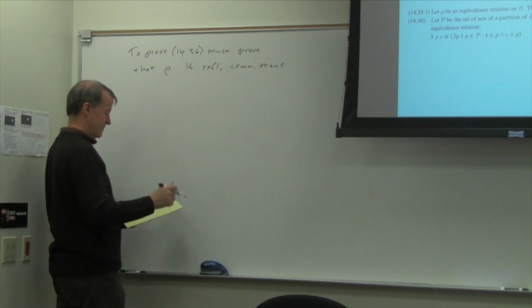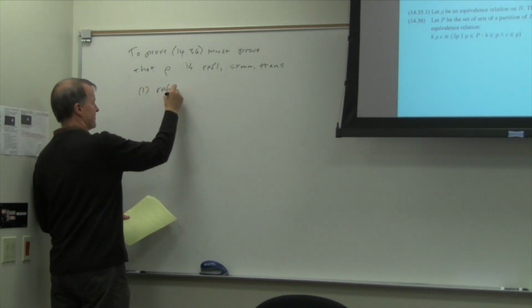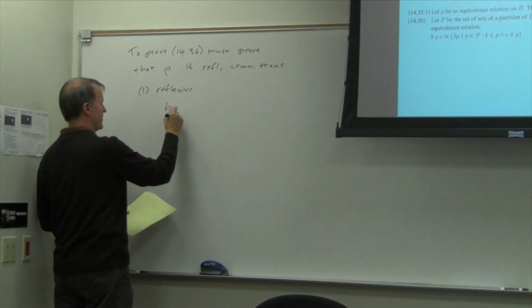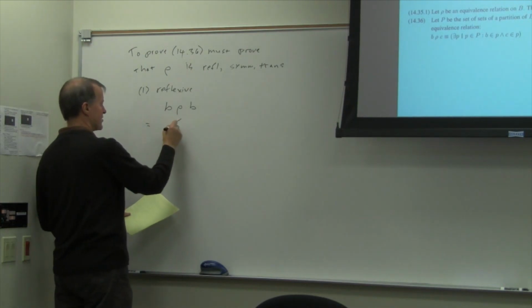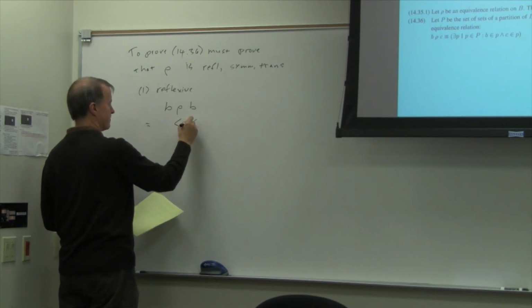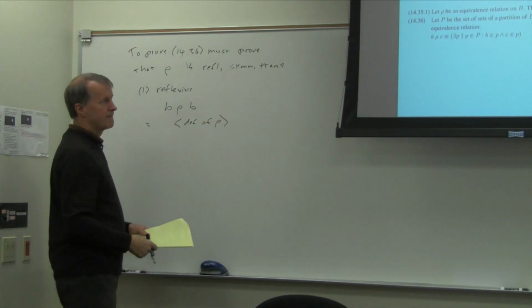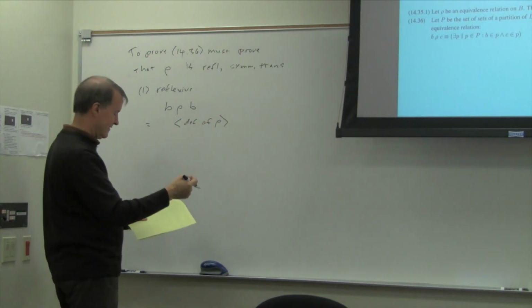One, reflexive. We have to prove that B rho B. So B rho B, by definition of rho, what? The definition's right there. The quantification.